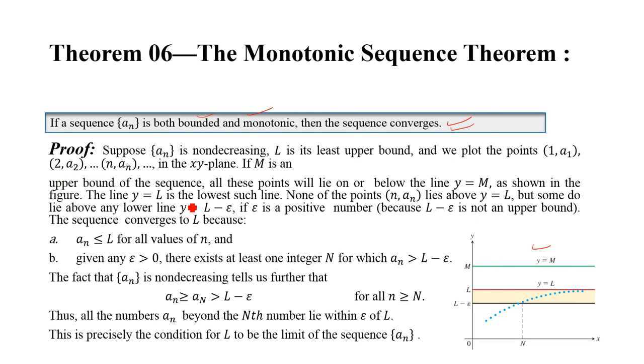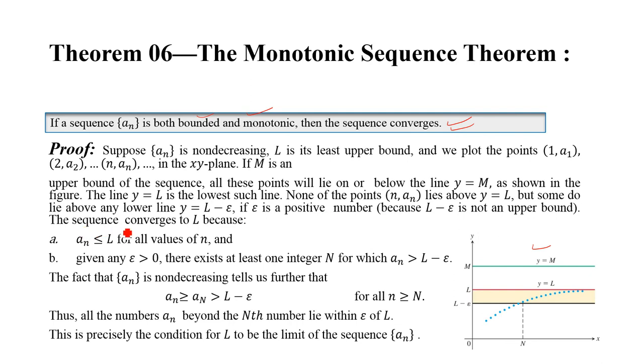The line y equal to L is the lowest such line. None of the points (n, a_n) lies above y equal to L, but some do lie above any other lower line y equal to L minus epsilon, if epsilon is a positive number, since L minus epsilon is not an upper bound.